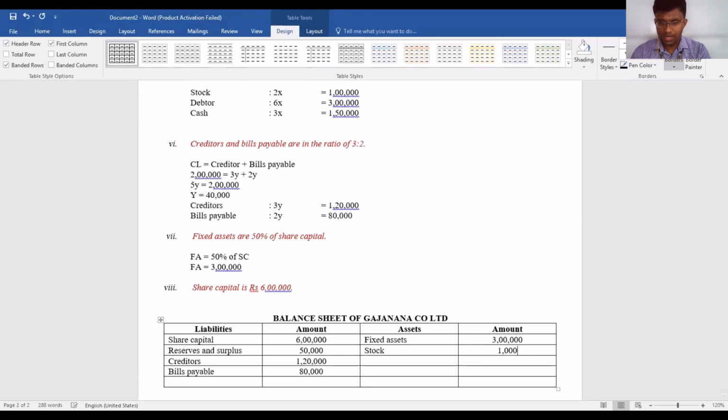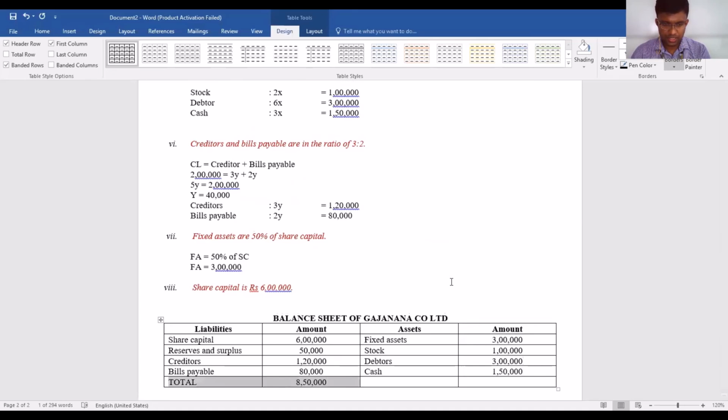Stock is 1 lakh. Then we have debtors. Debtors is 3 lakh. Then we have cash, and cash is 1 lakh 50,000. So let's total up all this, and 8 lakh 50,000 is what we have over here.